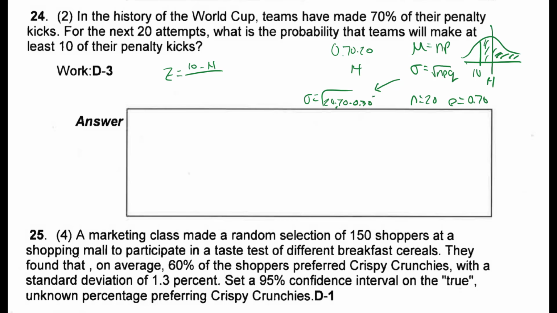All right, I get 4.2. So we get negative 4 over 4.2, which is about... okay, if that's the value that we've received, we need to now look it up in the back.